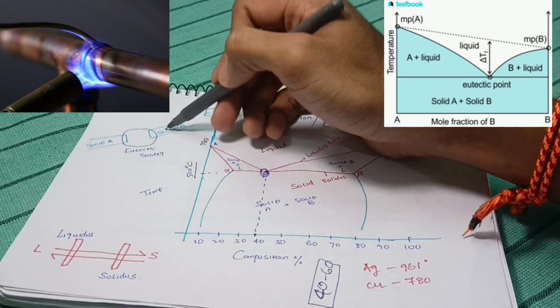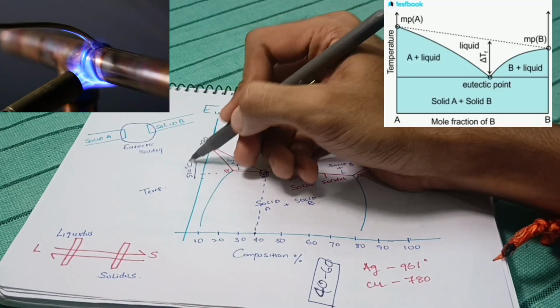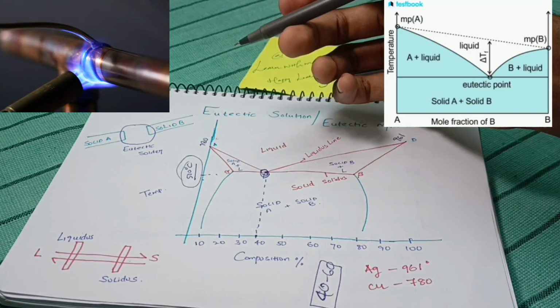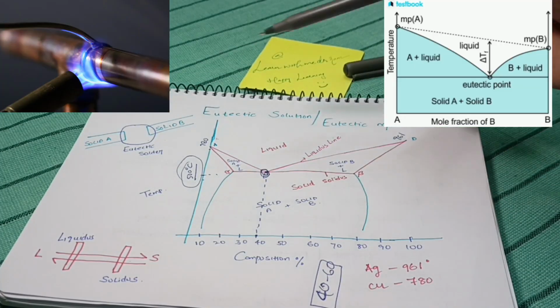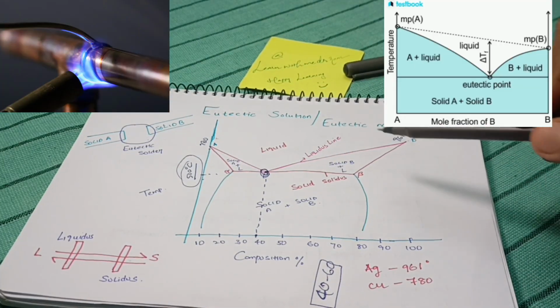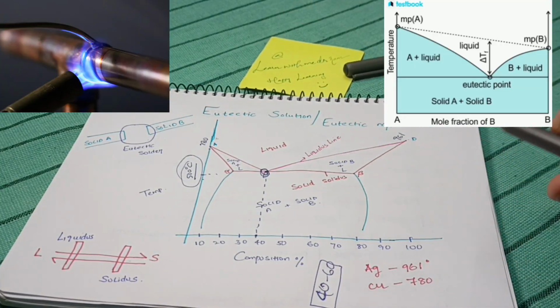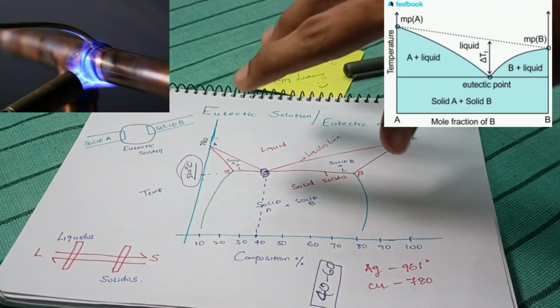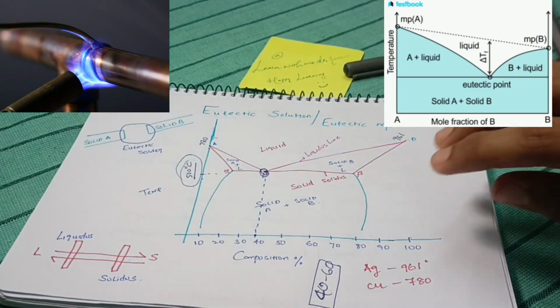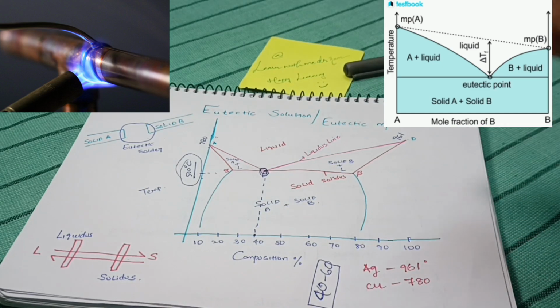to solder these two at a lower temperature of 500 degrees centigrade in an easier way, so that I don't need to give 780 degrees of temperature for A and B, because this was a eutectic solution where there are two different metals, and every time they need not be silver and copper, right?